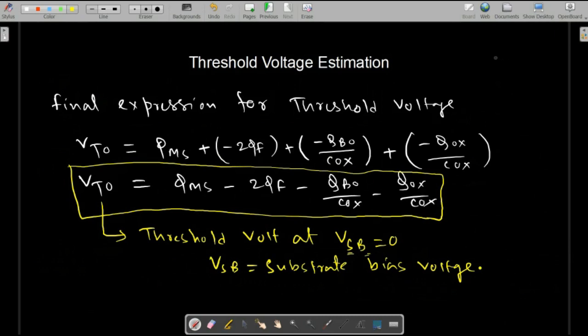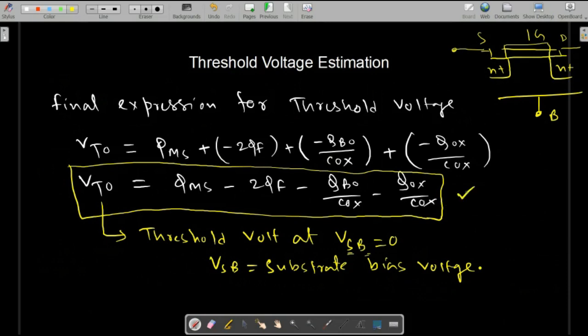So if I draw the sketch of MOSFET, okay. So this is the gate, this is the source, this is the drain, and this is the substrate or body. So the amount of voltage applied between the source and body, that is the VSB.